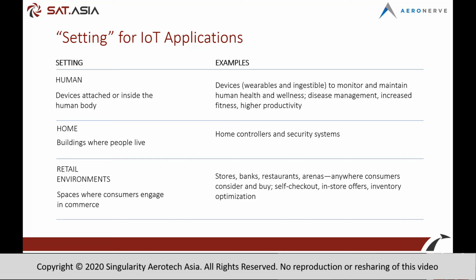Retail environment refers to the spaces where consumers engage in commerce. It can also mean anything where you make a transaction every day: stores, banks, restaurants, arenas. Anywhere a consumer considers buying. Right now, if you go to a supermarket, you already have machines where you can pay using credit cards, your self-checkouts in stores.